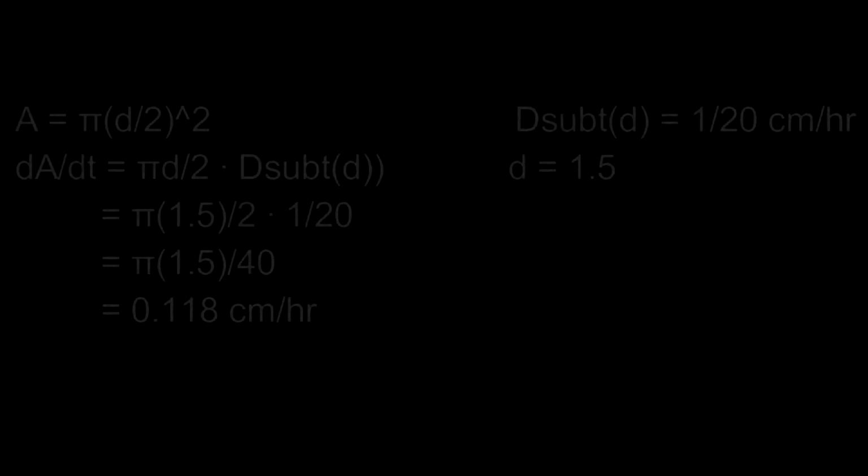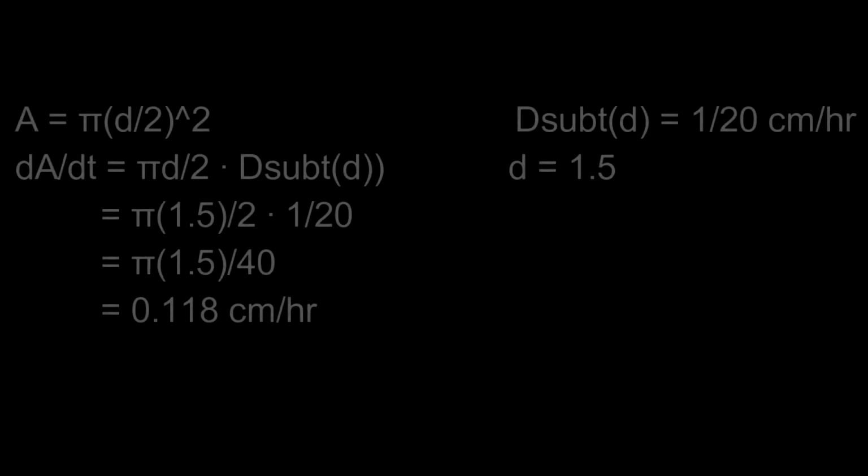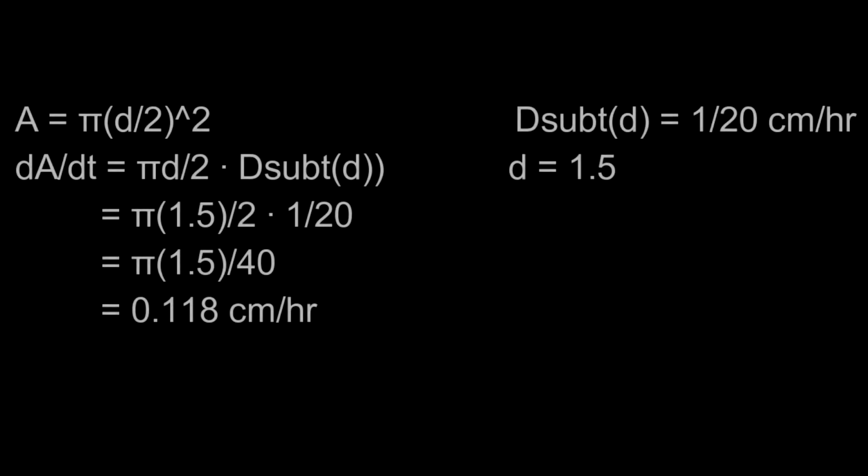Now, since the rate of increase of the ringworm's area is being asked in relation to the increase in its diameter, its area formula gives us the equation A equals pi times (D over 2) squared, where D is the diameter of the ringworm and A is the area.